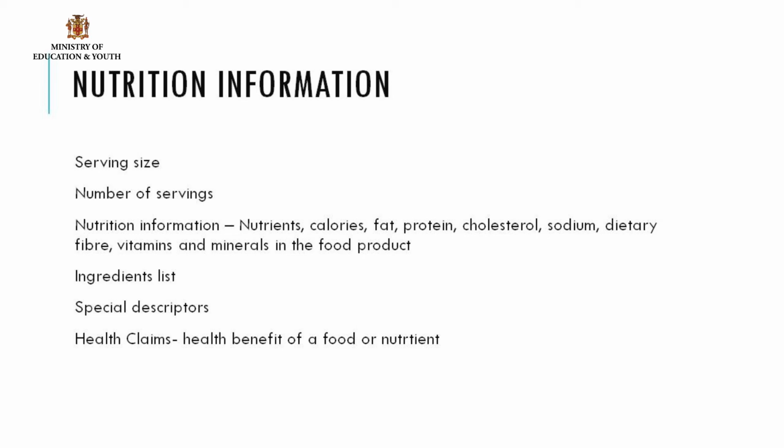We want to see the ingredients list that shows the ingredients in order, right? Any special descriptors, any health claims. And by health claims, I mean, are there any health benefits from consuming your product? All those must be clearly outlined on your label.